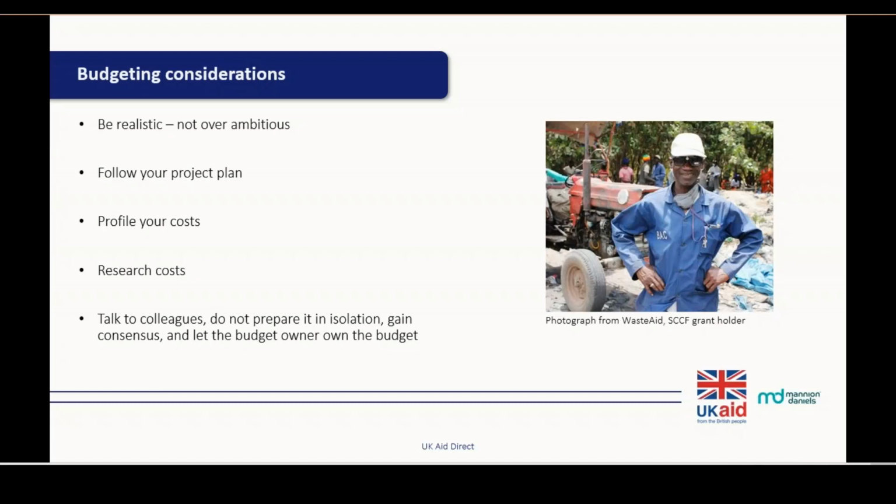However, when you're putting your budget together for your application form, do ensure you aren't unrealistic, as reviewers will be looking at that, and they have obviously the experience to be able to assess budgets and assess whether they are realistic or not.